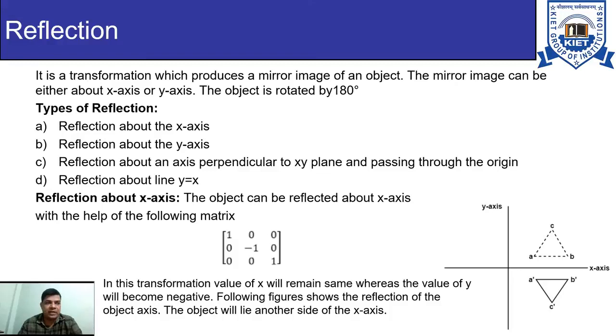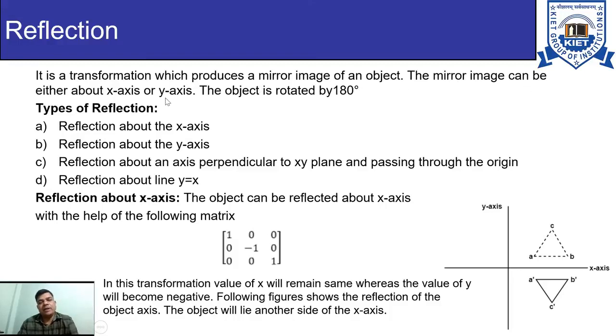Translation, rotation and scaling are the three basic geometric transformations, and apart from that we have two more additional transformations: first is reflection and second is shear. In reflection we produce the mirror image of an object, and in shear we change the shape of an object.